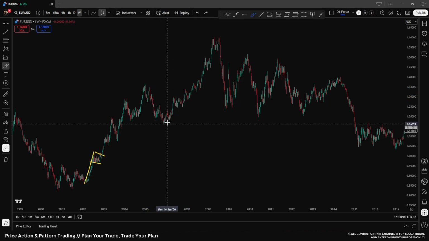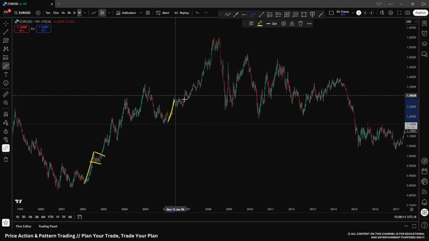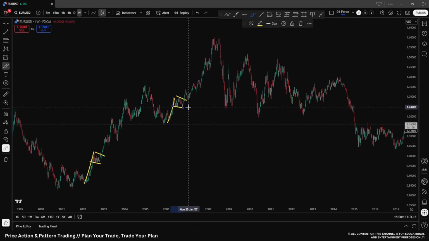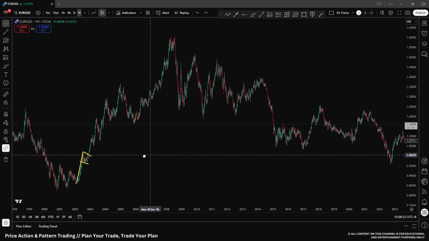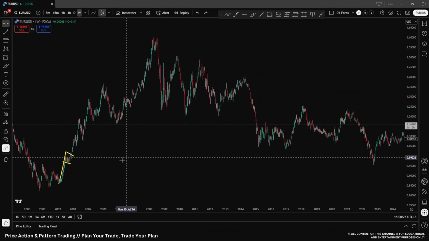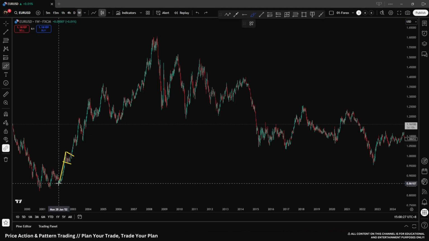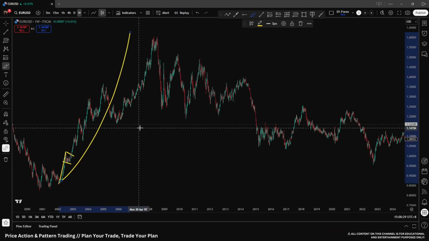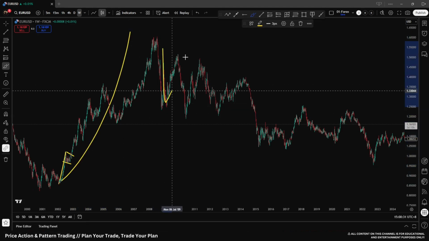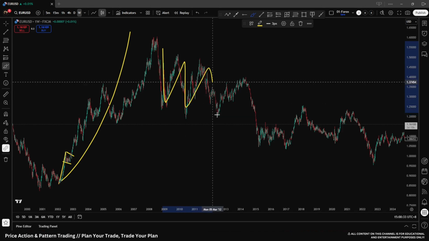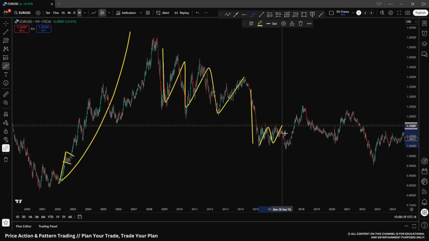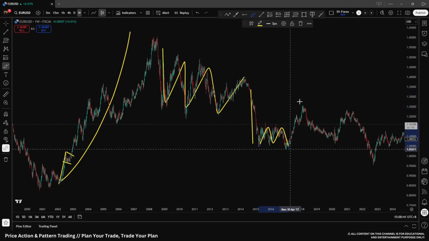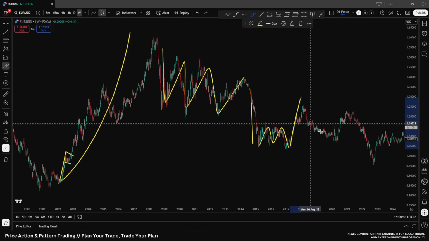We had an impulsive move going into a corrective phase before we then see the next impulsive move to the upside. Basically, price is only in two different kinds of phases. You can argue that this was one larger impulsive phase, then we had a longer corrective phase before we then had another impulsive phase, which then ended again in a corrective phase, finishing with the next impulsive phase and the corrective phase.